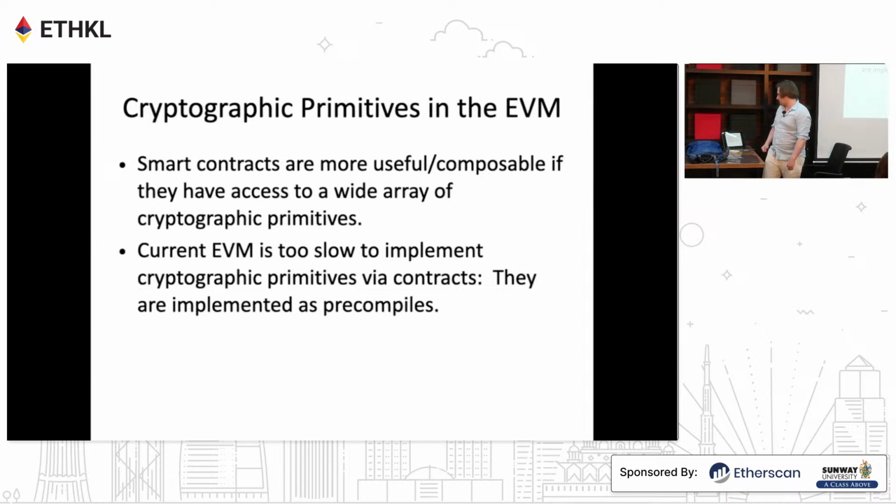So, I mean, it's kind of obvious that smart contracts are more useful if they can do more things and if they can interact with the world at large. For example, we are considering adding additional curves to the EVM, like SecP256R1, basically being able to sign a transaction using your iPhone secure enclave and adding functionality like that to the EVM.